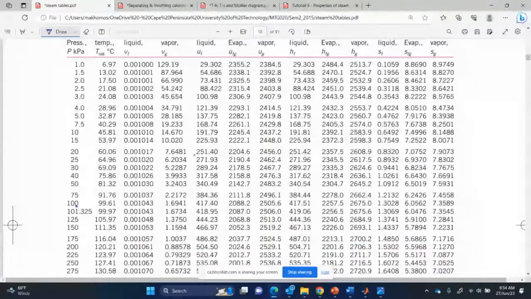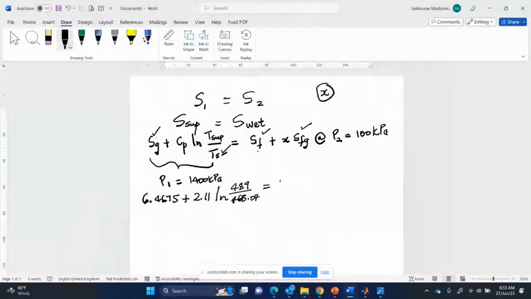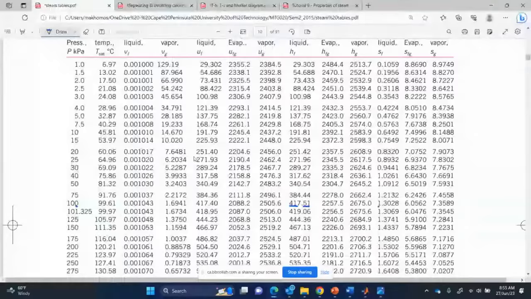Sf is 1.3028. So 1.3028 plus X Sfg. Go back to the table. At 100, Sfg is 6.0562.